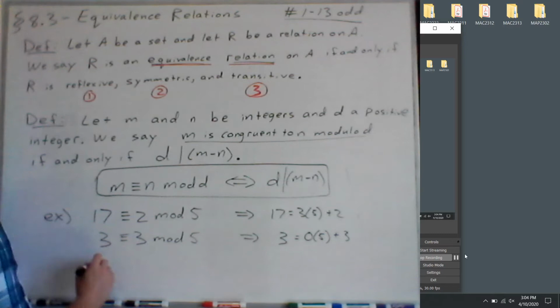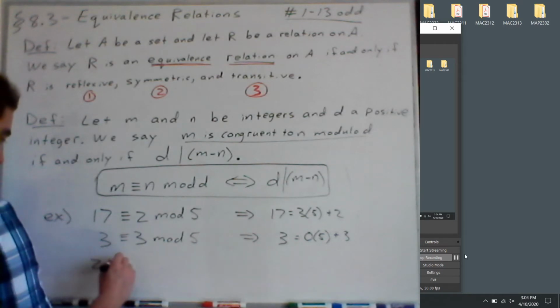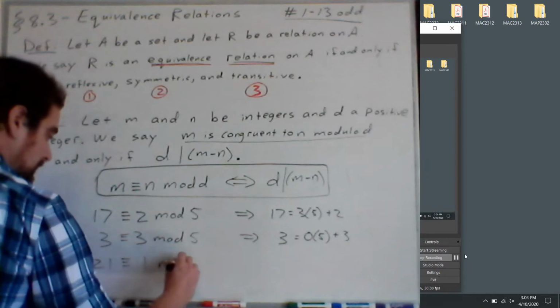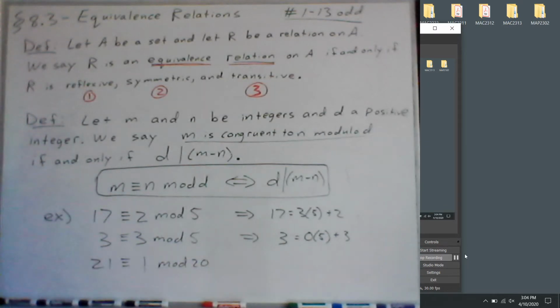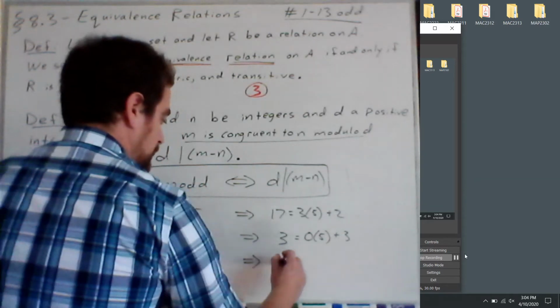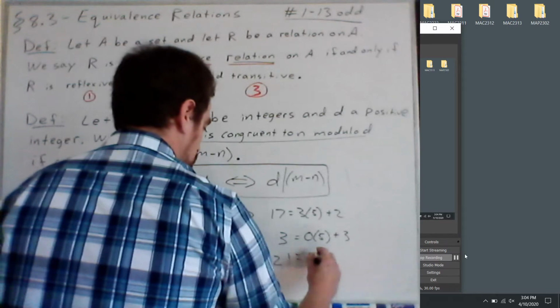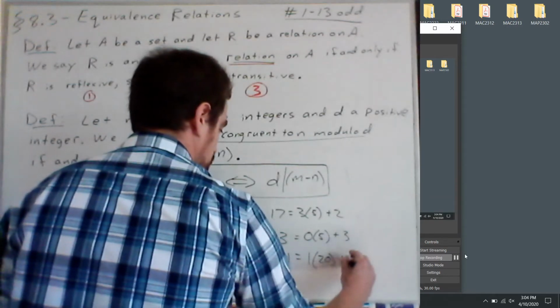Let's do one more. Let's say 21 is congruent to the number 1 mod 20. All right, and that is because if we look at 21, that's equal to 1 times 20 plus 1.